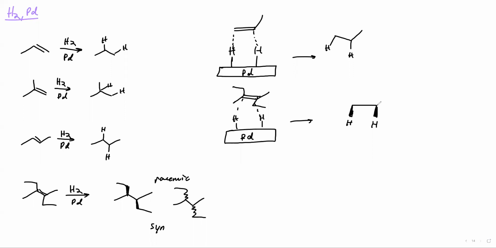So again, this has to have added on the same side. So I guess we can say then that if this is wedge, then dash here would have to be, let's say, methyl. So dash here has to be ethyl, and then in the plane, we'll put ethyl and methyl. Okay, something like that. Cool.